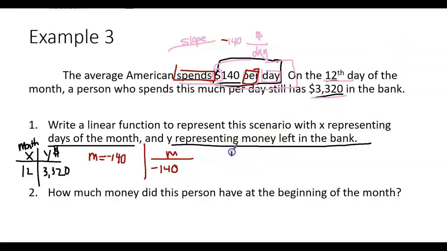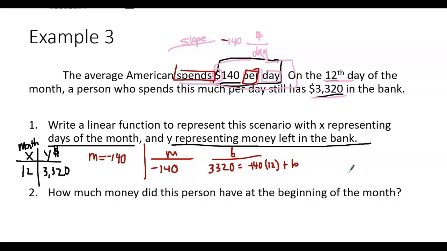All right, now we go ahead and we move on to the B part. So we're going to plug in the y value that they gave us. We're going to plug in the slope that they gave us and the x value that they gave us. And we're going to go ahead and solve it from there. So 140 times 12. Well, I'm going to use my calculator here.